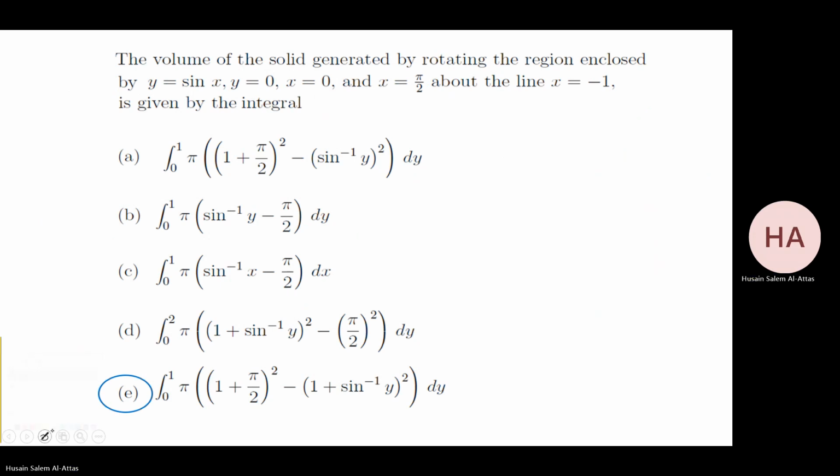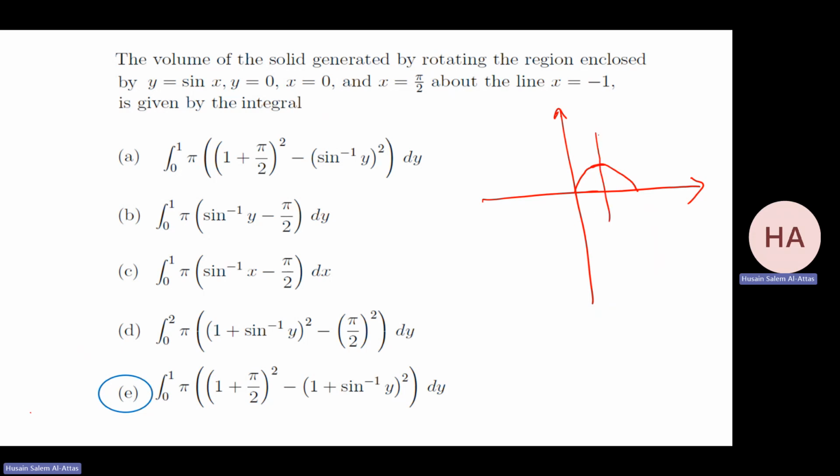Okay. Let me graph the regions. Sin x. I have sin x in this case. That will be sin x. And I want only y equals 0, the x-axis I mean, and x equals 0 and x equals pi over 2.